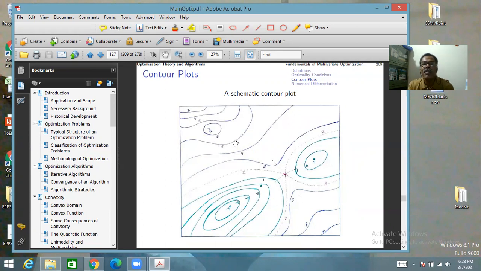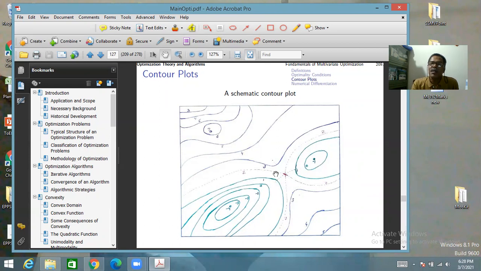On this side also, 4, 3, and then you see this contour curve for function value 3 and this one also for function value 3 are facing each other, forming a pair like this. Okay. And here this one with function value 1 and this one with function value 1 are also facing each other in a pair.